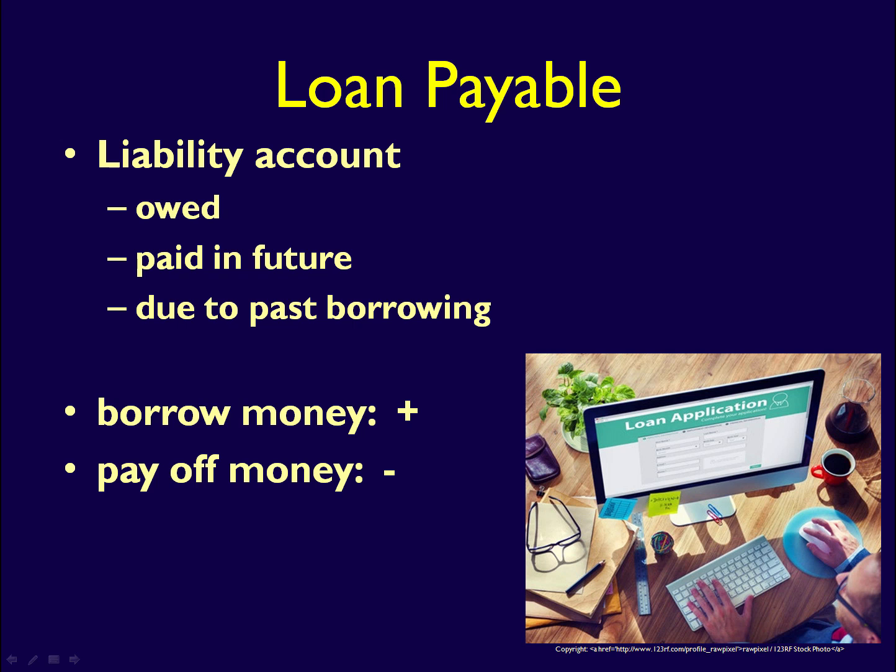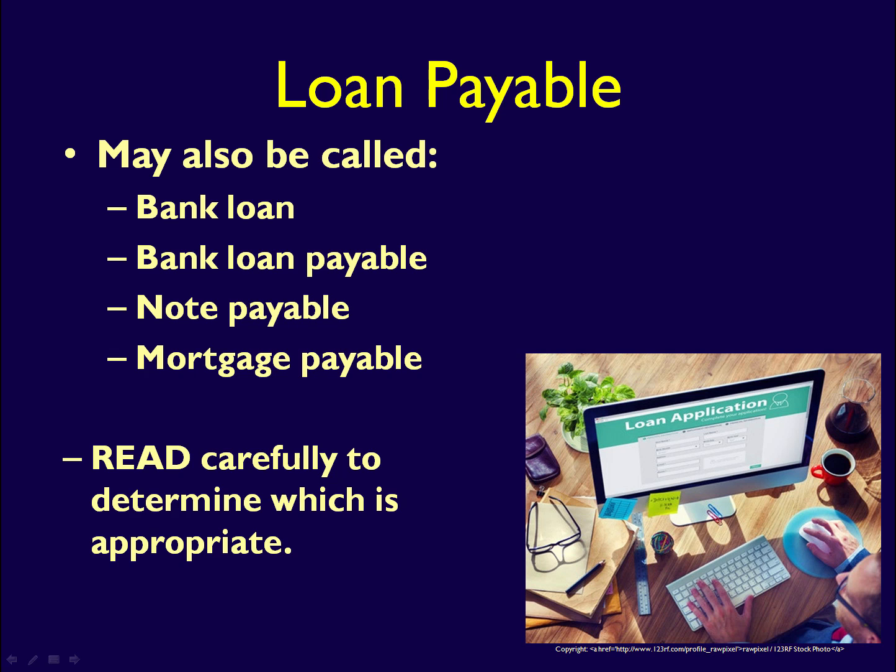The business owes their creditors the money back once the maturity date is reached. Loan payable has other names too, such as bank loan payable or note payable. Be sure you read the transaction carefully so you know which account to use. If the transaction doesn't give you the exact name, then you, the person recording the business transaction, get to choose the account name to use.